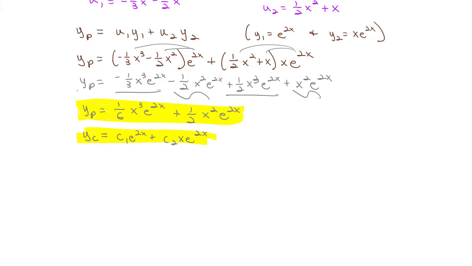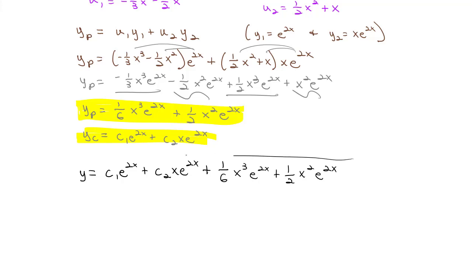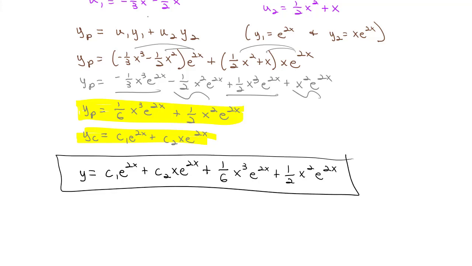And so if I want to actually say what y equals, it's y complement, c1 e to the 2x plus c2 x e to the 2x plus y particular, 1/6 x cubed e to the 2x plus 1/2 x squared e to the 2x. And now we have our general solution using the method of variation of parameters.